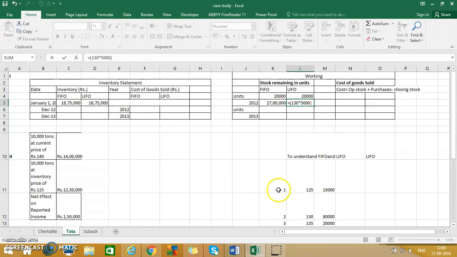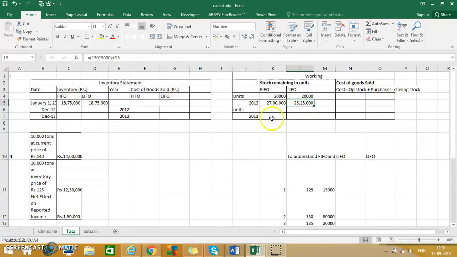What is this at the rate of 125? Because these are 15,000 units. So that is what I will be left out with. So the material that I will be left out with will be 25 lakhs, 25,000 in the case of LIFO.